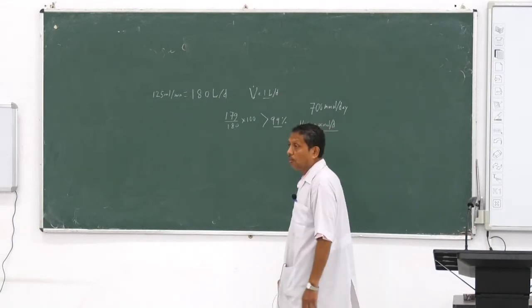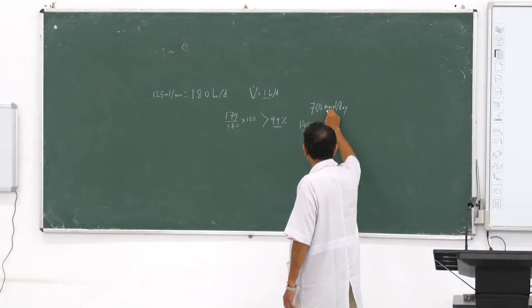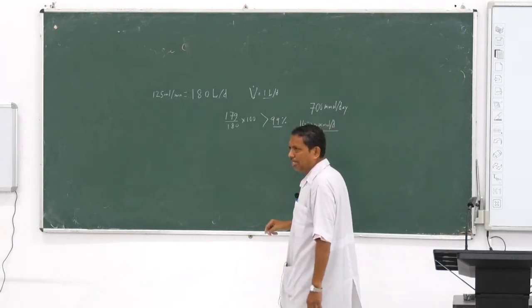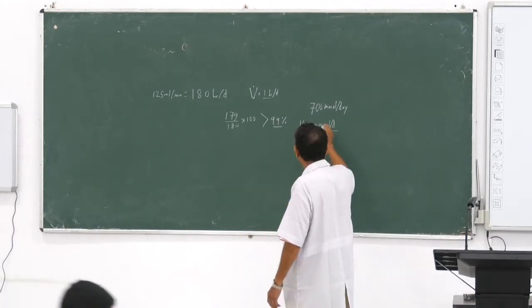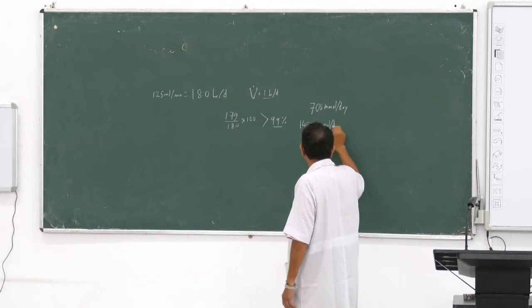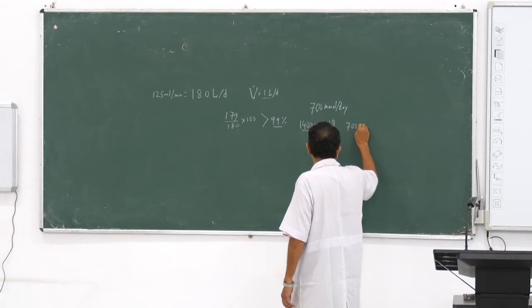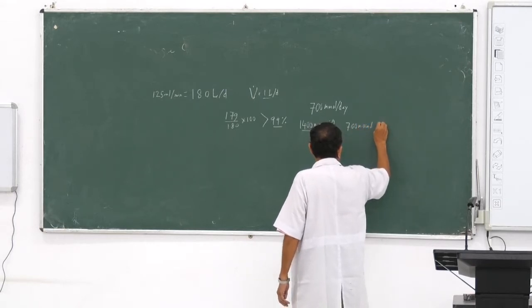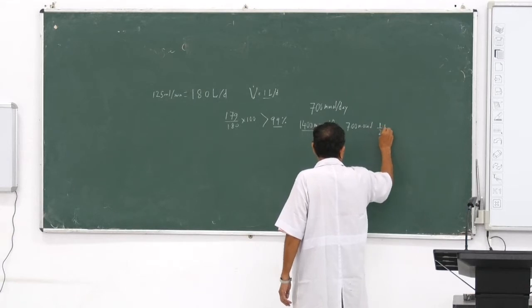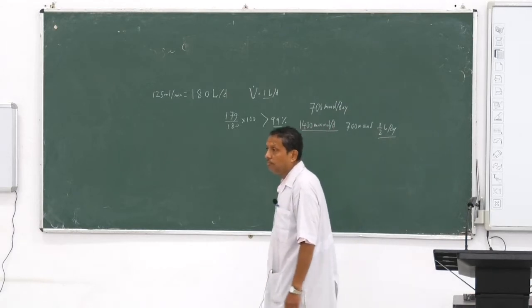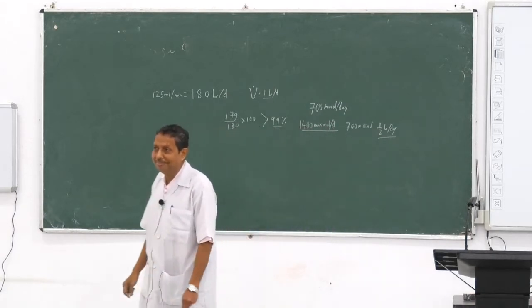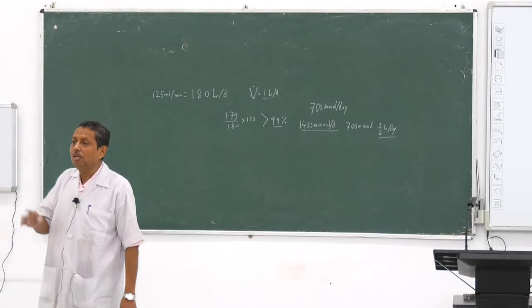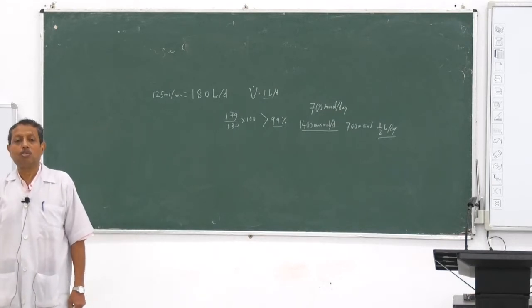So you can think that millimole and milliosmol are almost the same. So you can consider that 700 milliosmol can be eliminated in half liter per day of urine. 700 milliosmol is what we have to eliminate to remain healthy.